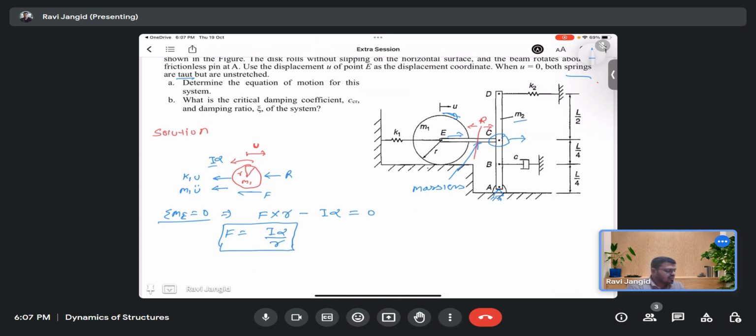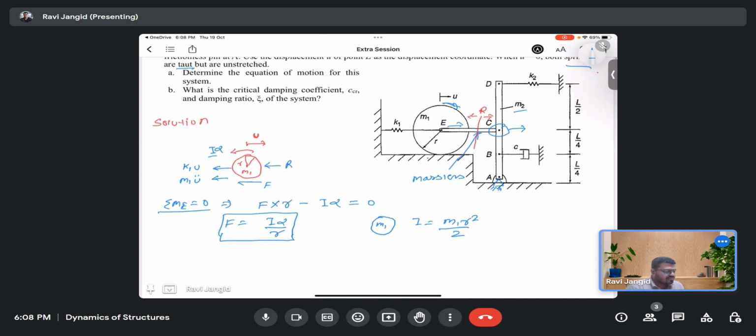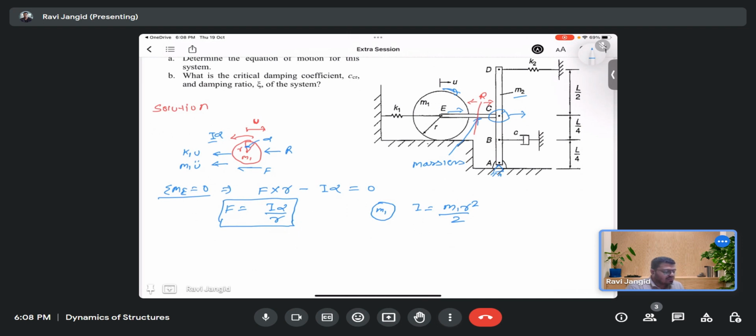So for the solid disk, which has mass m1, I is m1 r square by 2, and alpha is the angular acceleration.